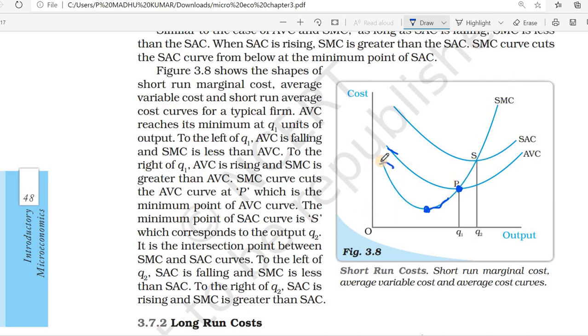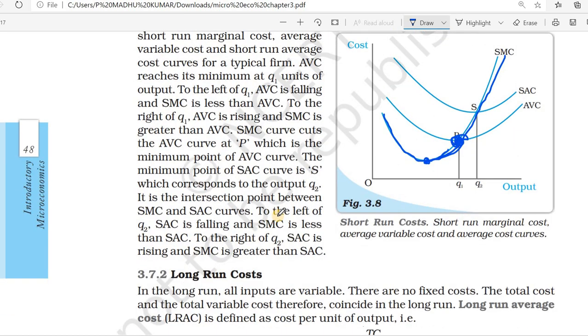We know this curve is going like this, and this curve is going like this. At the AVC minimum point, we know this is the minimum point of AVC, the SMC will cut the AVC. This is the main point here: SMC will always cut AVC at its minimum point.